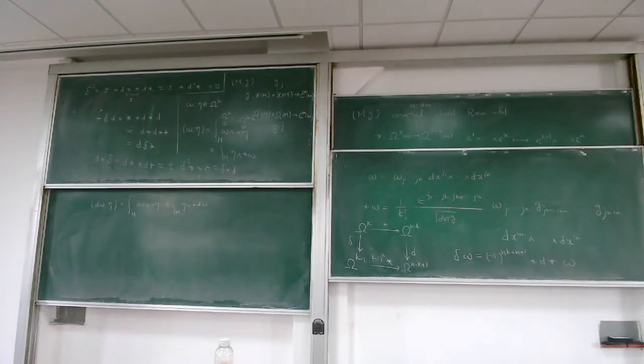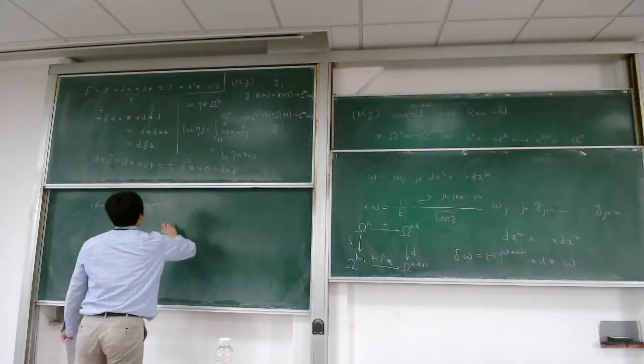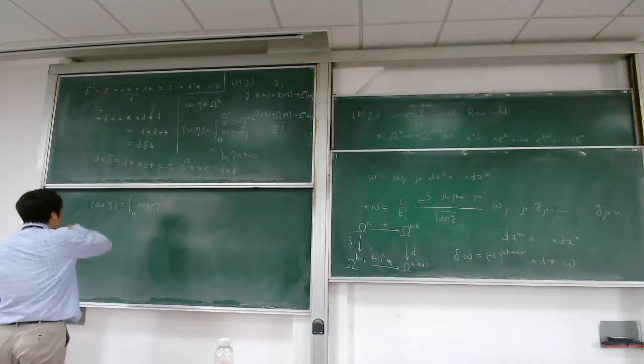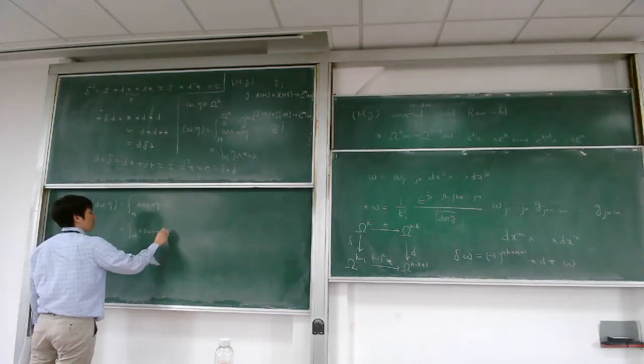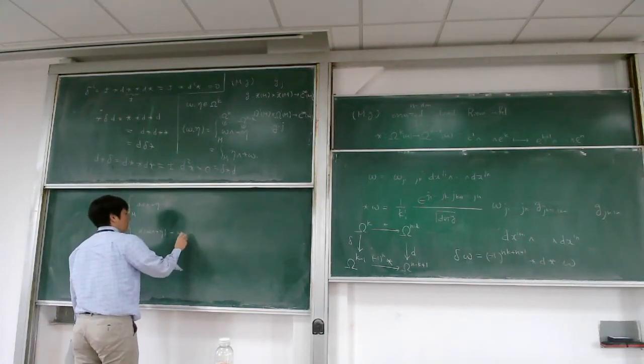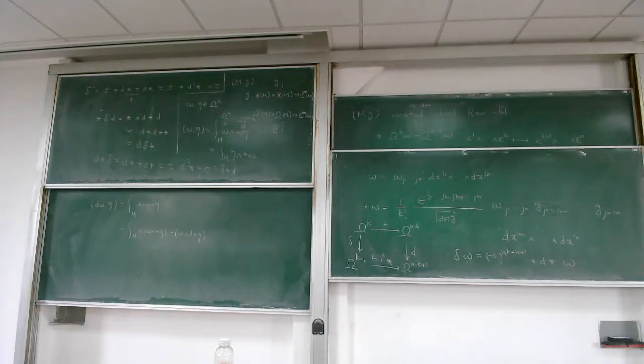Sorry, my brain's no longer working. So this is equal to minus omega wedge d star eta.